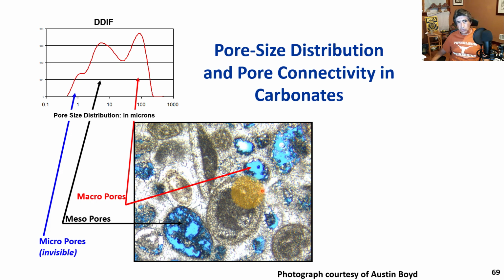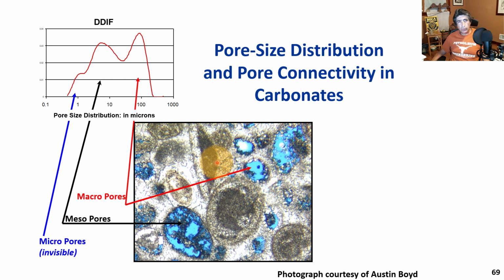Here we have oolites and other marks of other, well, not others. Oolites are not living organisms, these are pellets. But we also have the presence of some other casts of living organisms. But what I want to show is that here we also have a multitude of pore sizes.